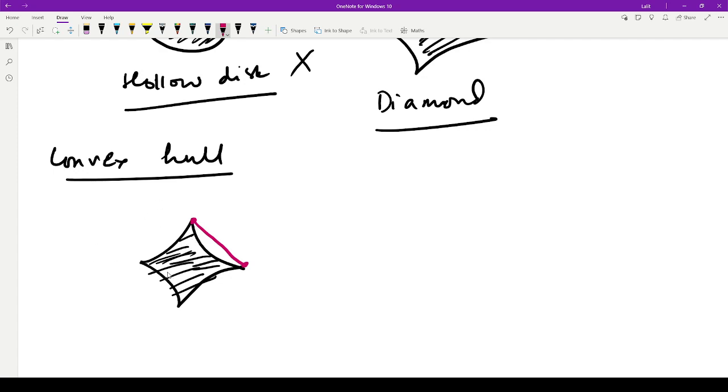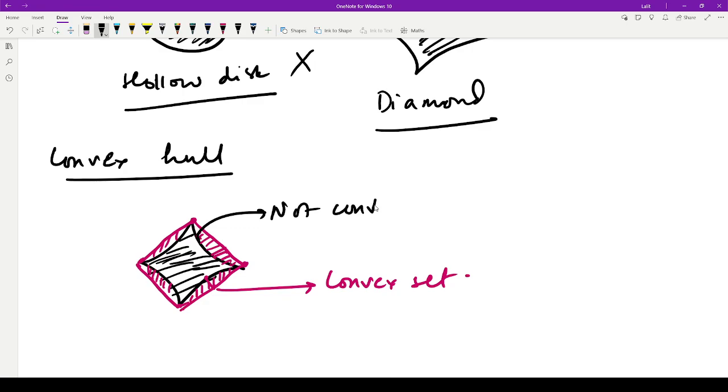So what you'll do is take all possible points, join them, and whatever is the remaining part that you think is not within the convex set, just add it. The thing I'm drawing with purple, I'm just adding it to the existing black set. So this is now a convex set, but the black one is not convex.